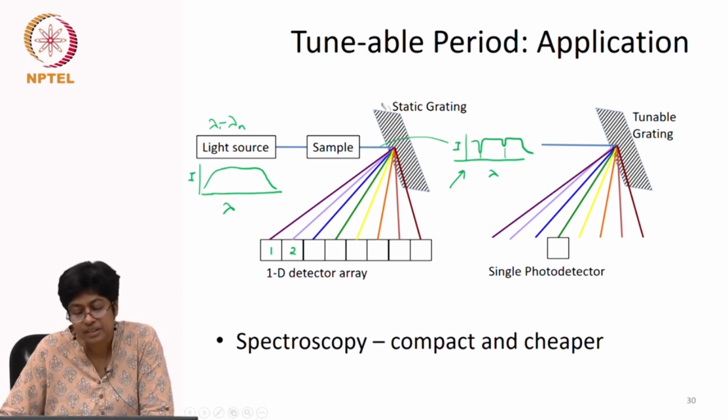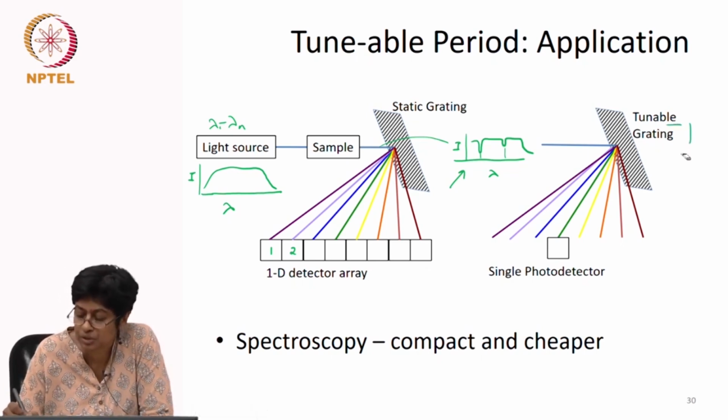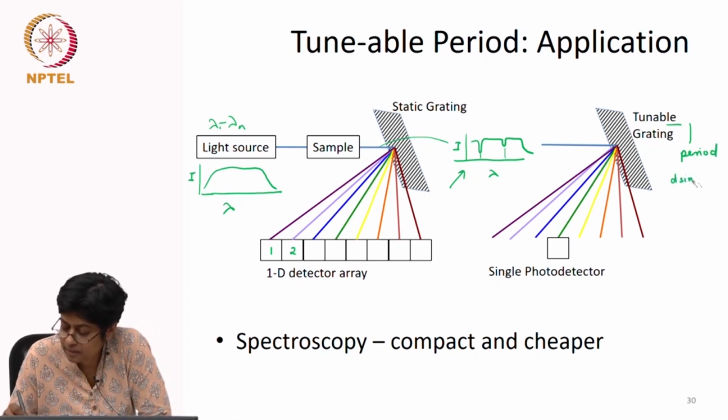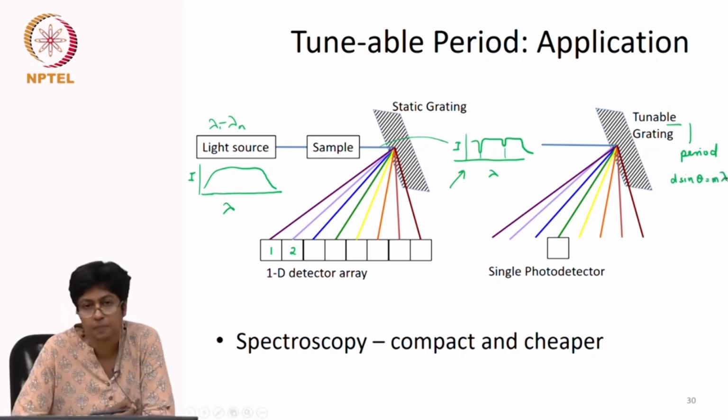Well, if I change my grating from a static grating to a tunable grating, what happens is, when I say tunable, what's being tuned? The period is being tuned. So remember, d sine theta is equal to m lambda.